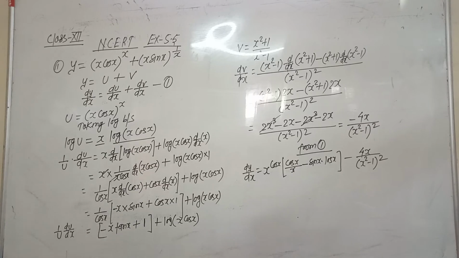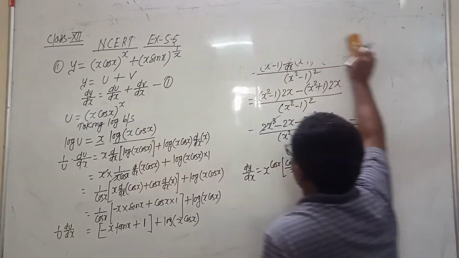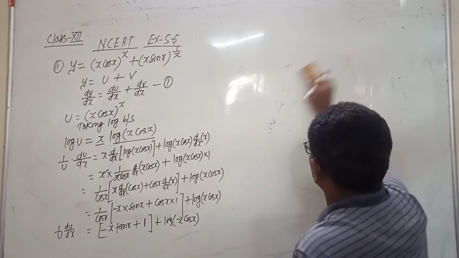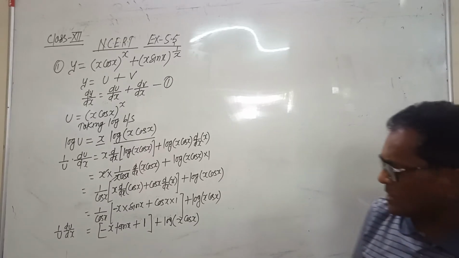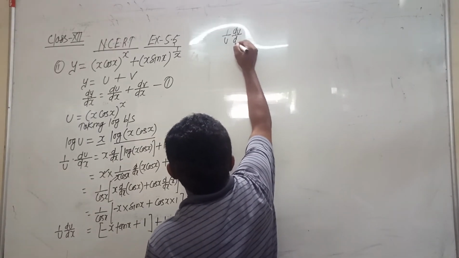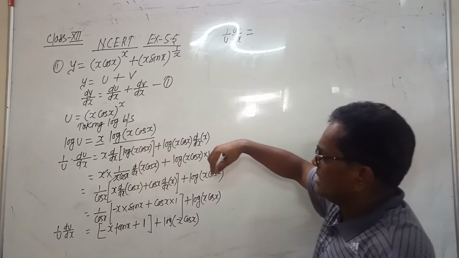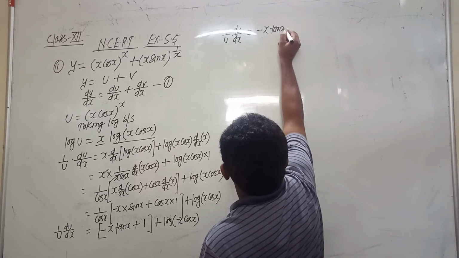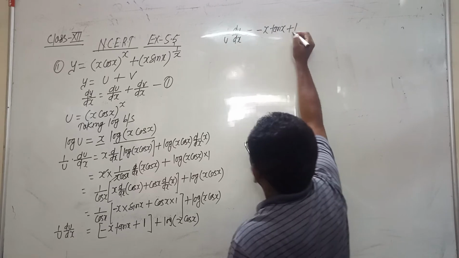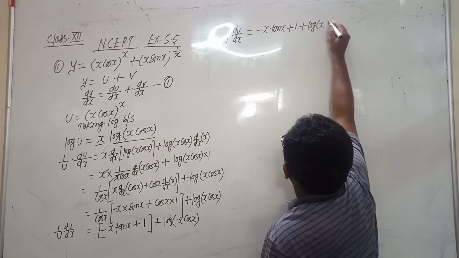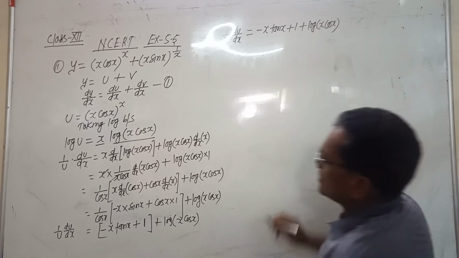Differentiation of log u is 1 by u, and differentiation of u is du by dx. So 1 by u into du by dx equals minus x tan x plus 1 and plus log x into cos x.